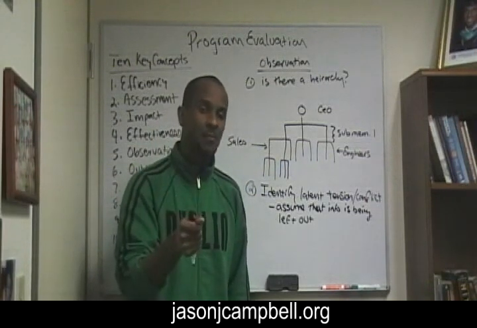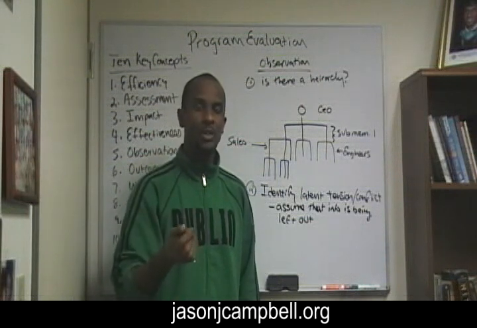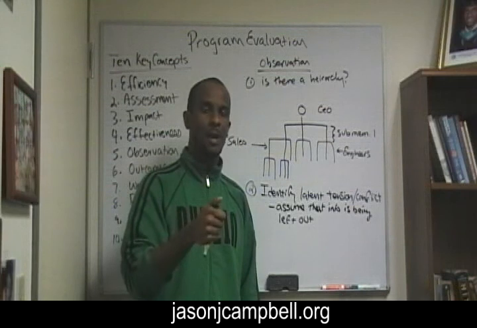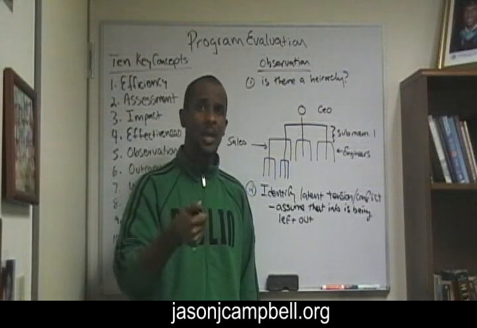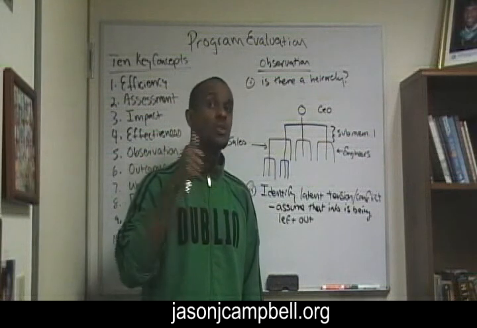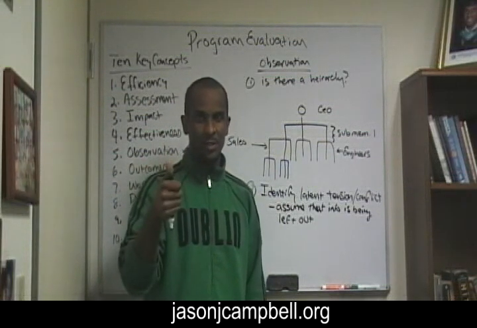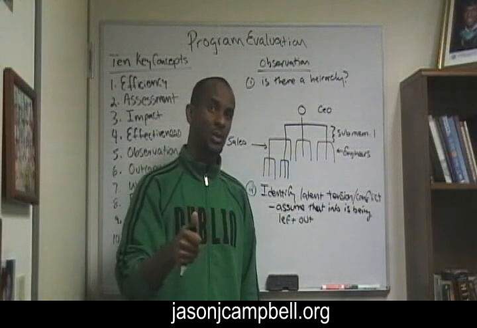The animosity is something that will not be discussed at the beginning of the program evaluation. You won't get to issues of animosity and grievances until much, much later in your program evaluation. So you should assume that that information, animosity and grievances, for example, is not going to be disclosed.